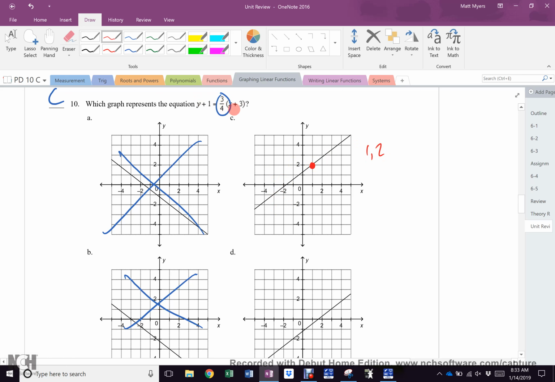And then you check, and if it works, it's that one. If you can't remember that it's opposite, X plus 3 means the negative 3 is X, Y plus 1 means negative 1 is Y, negative 3, negative 1, then you can check with any other point, because X comma Y will work in the equation if the equation is right for the line, which is what this question was about. Right?